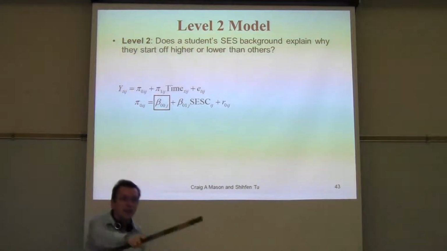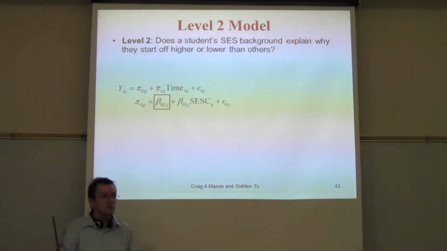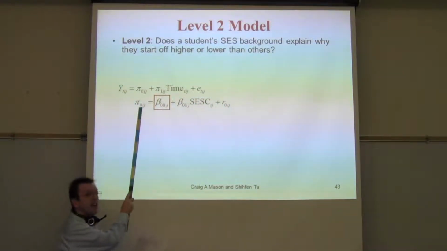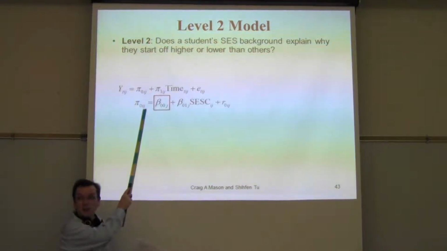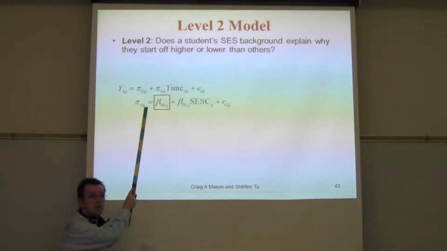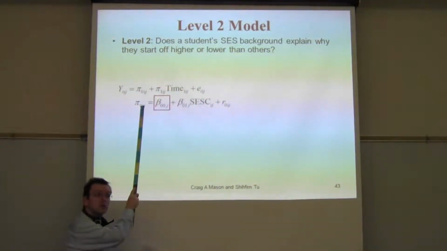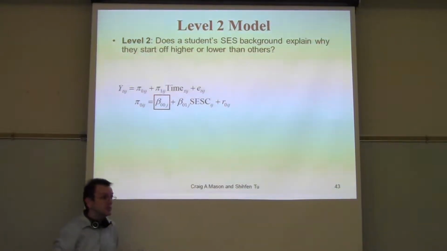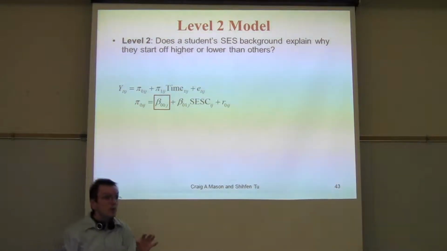So we say, of all the kids in school number 1, what's the equation we see where we're predicting each of those 20 students' intercepts, a student's baseline score, based on that student's SES within the school. So each school gets its own equation.